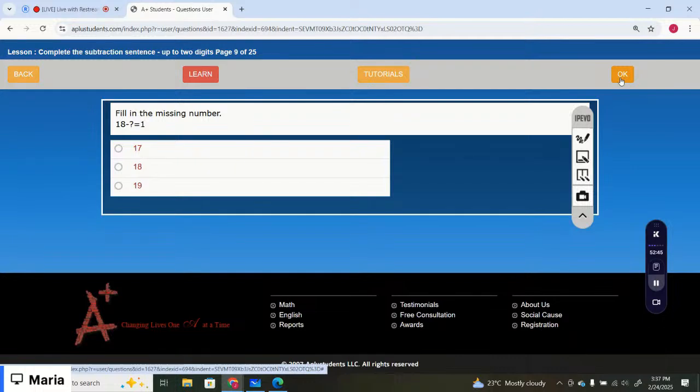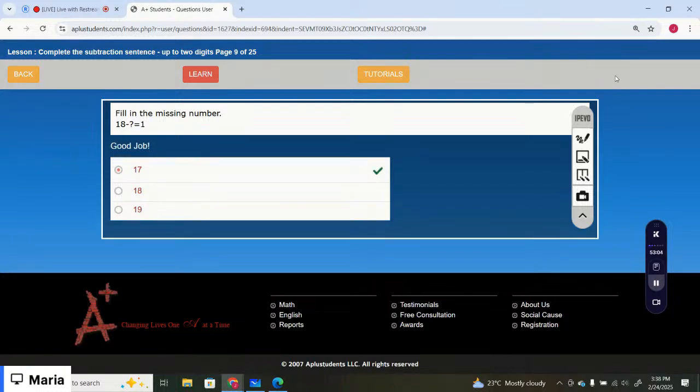Fill in the missing number. 18 take away the missing number equals 1. So which is the correct option? 18 take away 17 is 1. Option number 1 is the correct option. Very good.